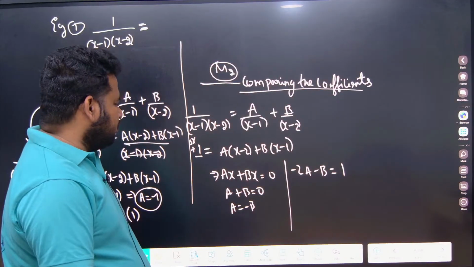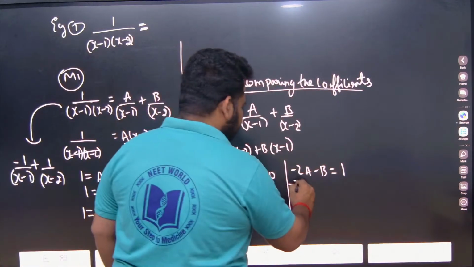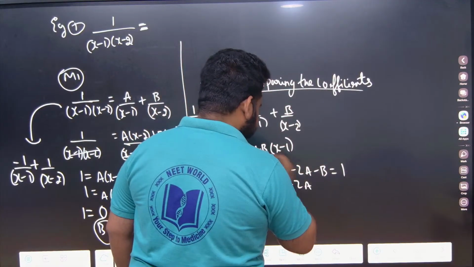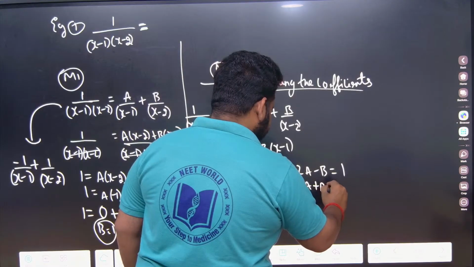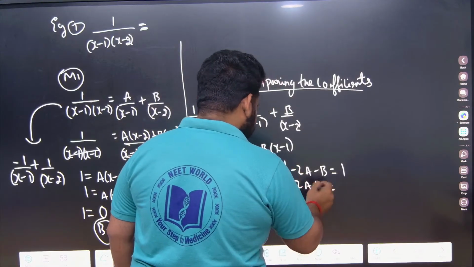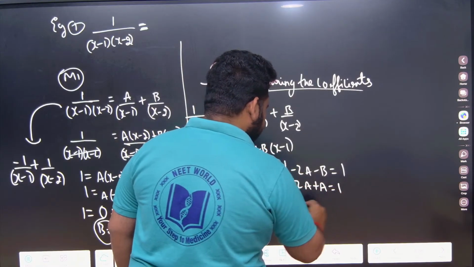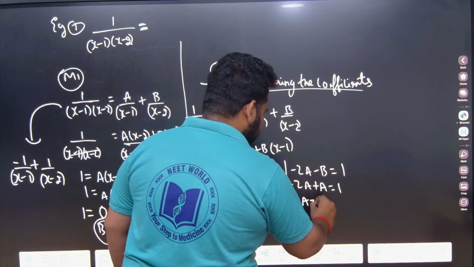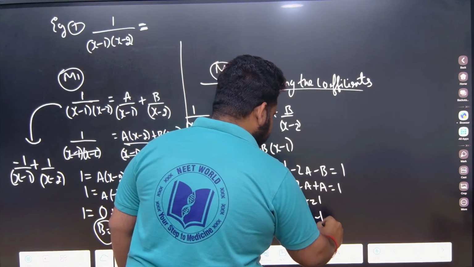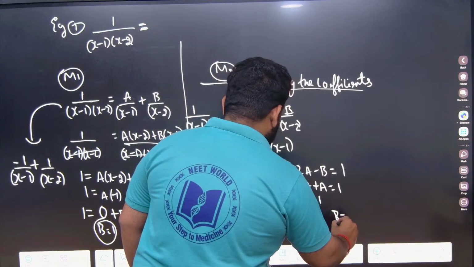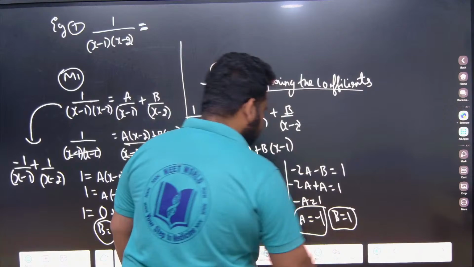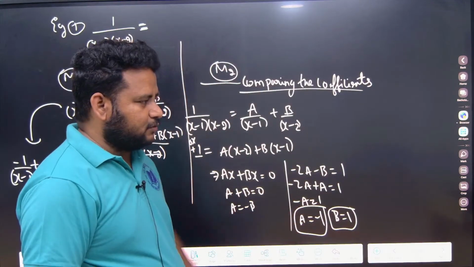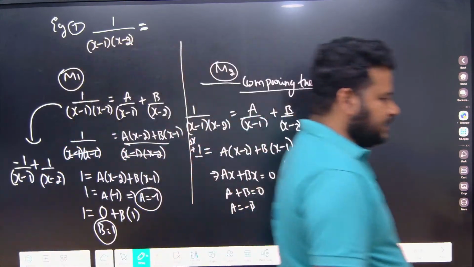If I put it here, in place of minus b I can put plus a, so minus 2a plus a is equal to 1. So I will have minus a is equal to 1, that implies a is equal to minus 1. So b will be equal to minus a, that is equal to 1. So a will be minus 1 and b will be equal to 1. Clear?